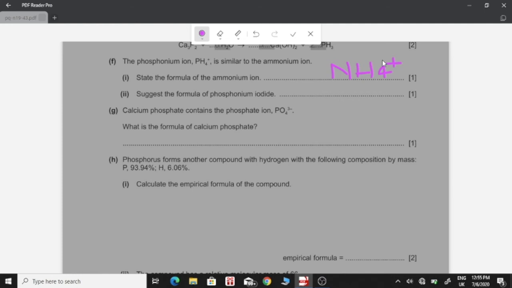The iodide ion has a -1 charge, which means a single phosphonium ion can cancel out the charge of a single iodide ion, which means we only have a single ion of each in the compound.